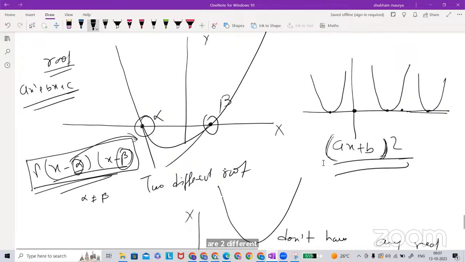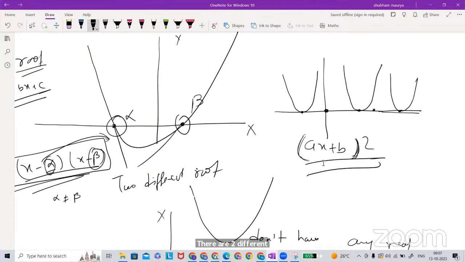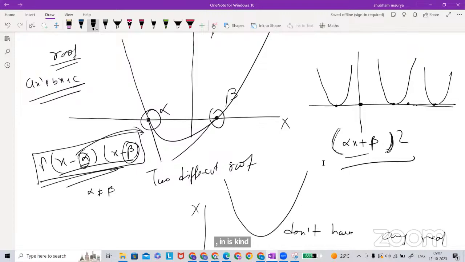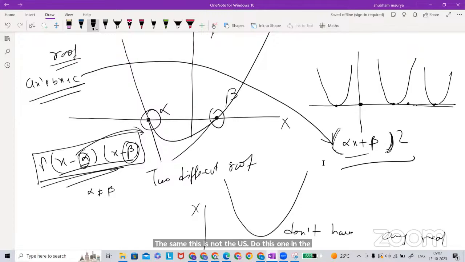This is also a quadratic, no? The degree is 2. It is of the kind alpha x plus beta x, the same, not the a square. If you rearrange and modify in this fashion, alpha and beta are some form of a and b. So this is possible.